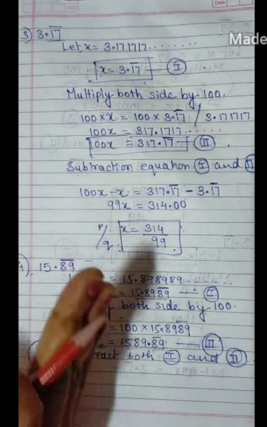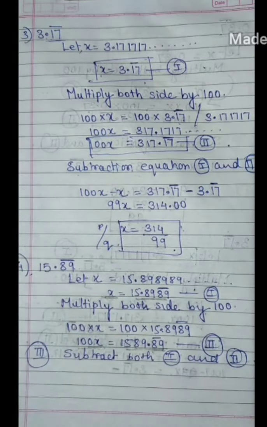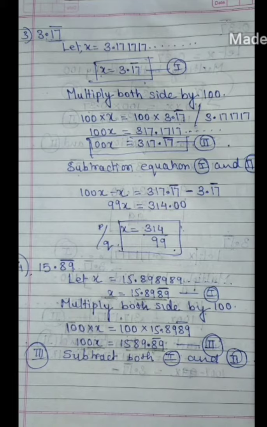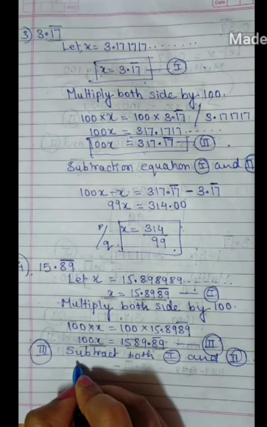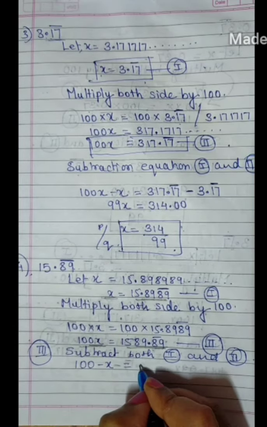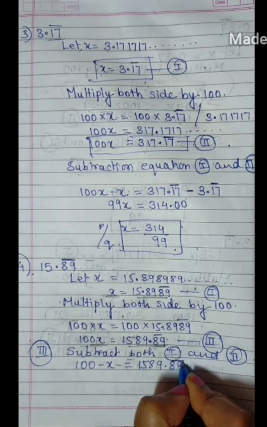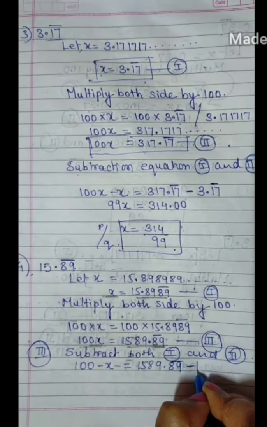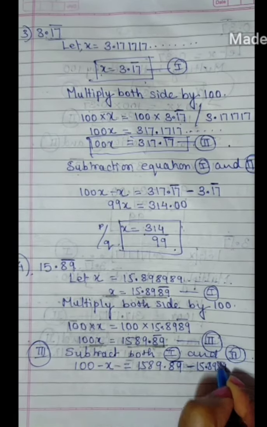The left side with left and right side with right. So I am writing 100x minus x is equal to 1589.89 bar minus 15.8989 bar.